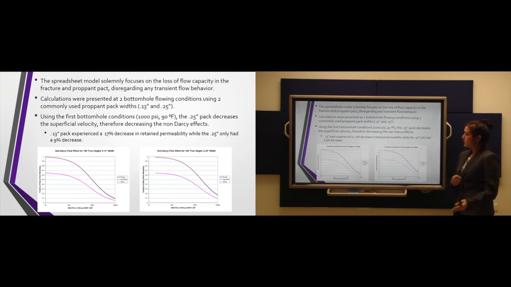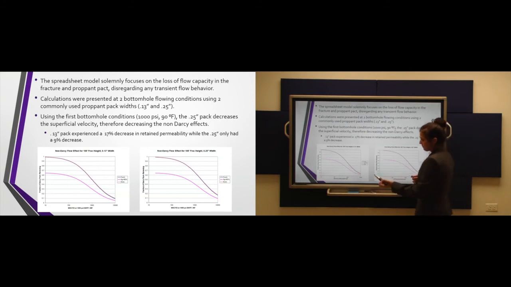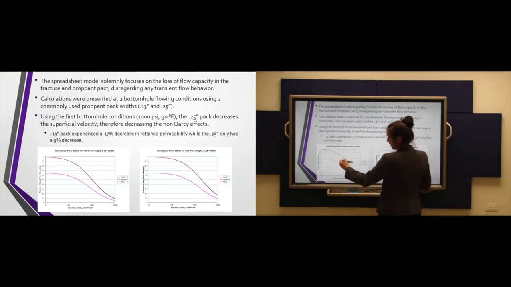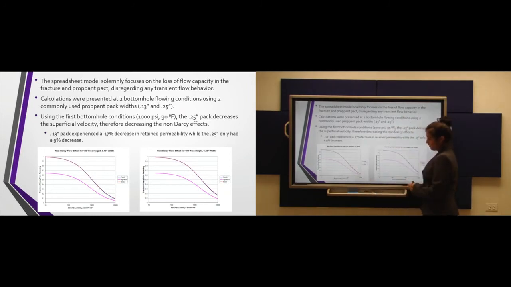And what they observed is that the larger width decreases the superficial velocity, which overall decreases the amount of non-Darcy effects that take place within the flow. What they found is the 0.13 centimeter pack experienced a 17% decrease in retained permeability, while the 0.25 centimeter pack only had a 9% decrease, which is shown on the graphs. This upper darker line is without the non-Darcy flow. They're both calculated using the Forchheimer equation.